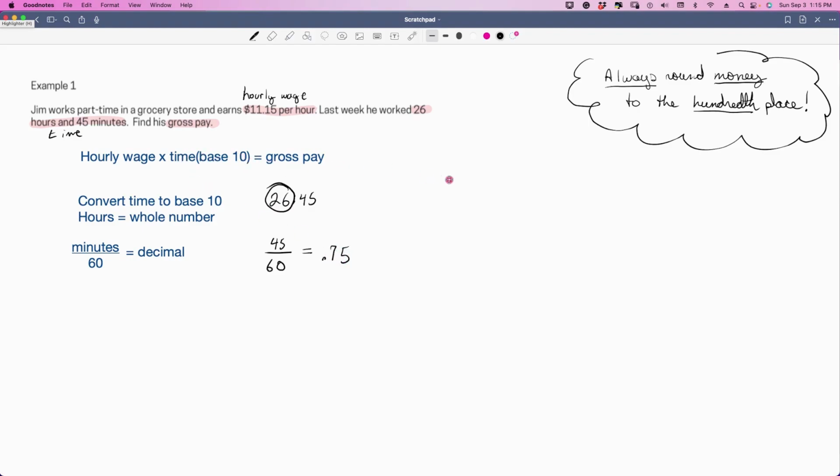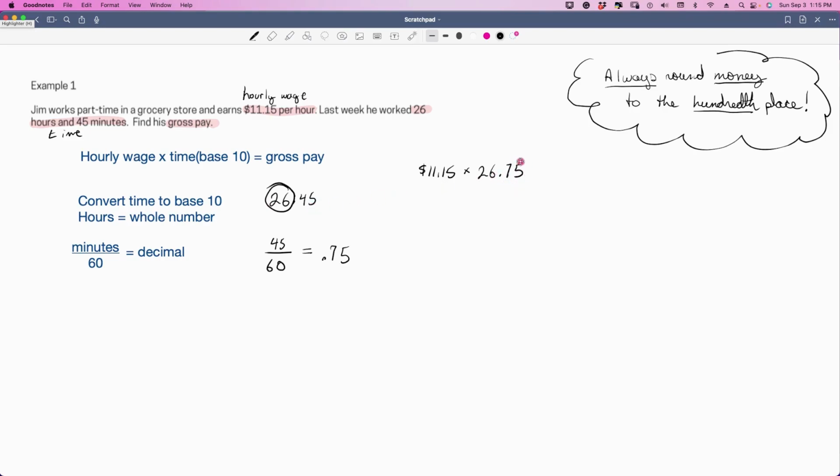Then we have our hourly wage, which was $11.15, times our time in base 10 form, which is 26.75 hours. That is the same thing as 26 hours and 45 minutes.